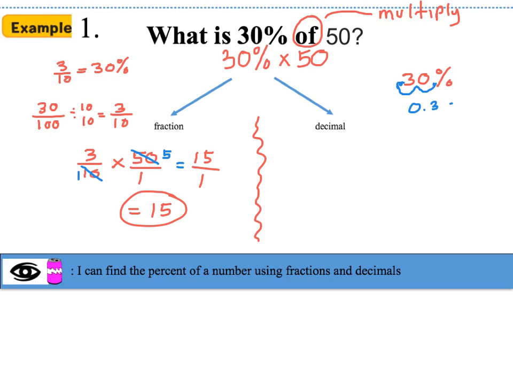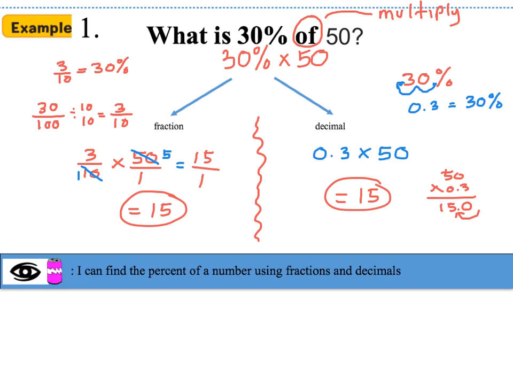And please know that 3/10 is the same as 30%. So I can write 3/10 times 50. After doing the math, I get 15 as my answer. Notice that I got 15 doing this problem 2 different ways. So I know that 15 is 30% of 50.